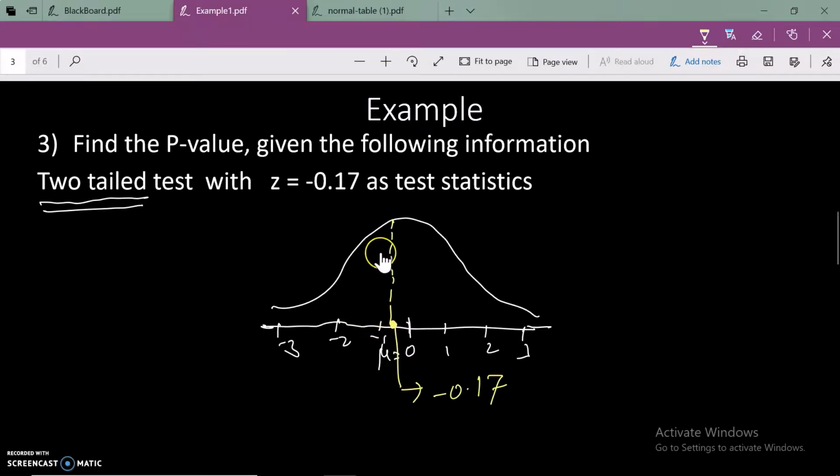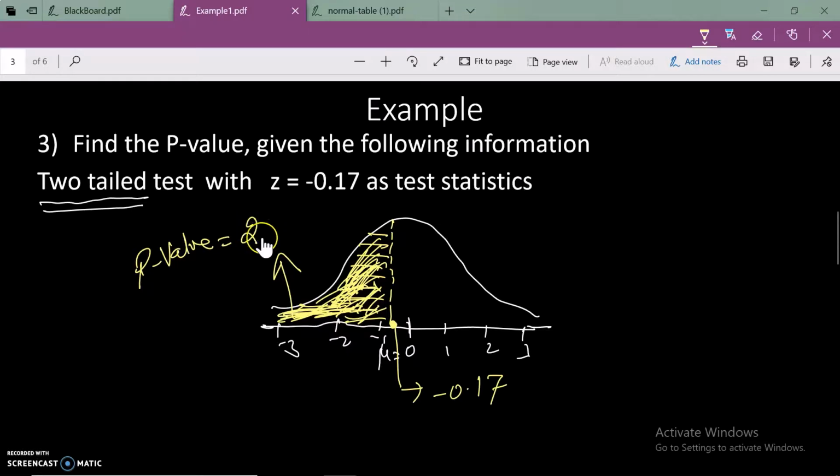Now our test statistic is on the left side of the center value. I told you when the test statistic is on the left side, we find the area to the left of the test statistic, but we double that area. Why do we double it? Because it's a two-tailed test. So I'm going to find this area, and the p-value in this situation will be equal to 2 times this area.